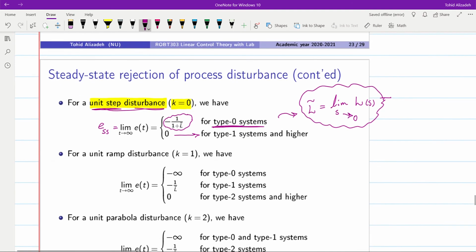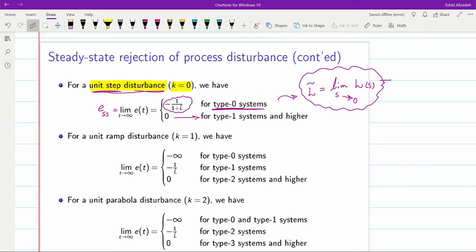On the other hand, for the unit ramp disturbance, when k is equal to 1, the steady state error for type 0 systems will be equal to minus infinity. Pay attention to these negative signs here and there. For the type 1 system, we will have it in the form of minus 1 over L tilde.